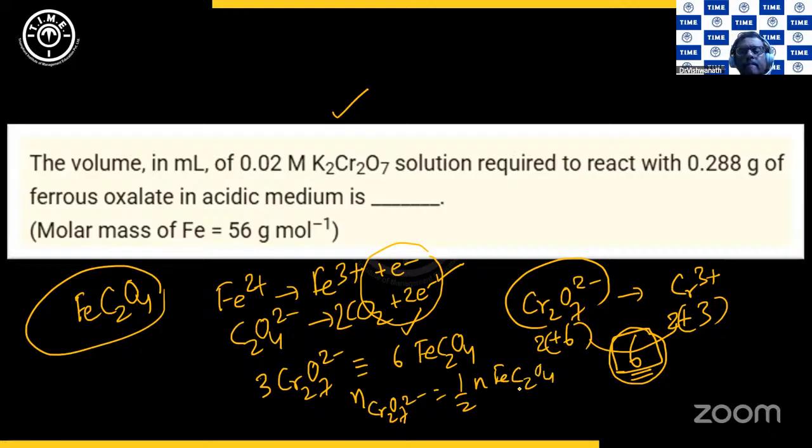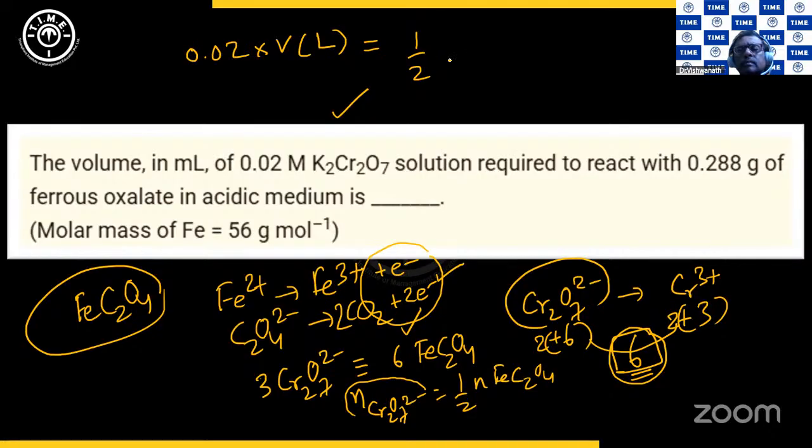Correct? Now, how do you get the number of moles of dichromate? Molarity into volume. Molarity is how much? 0.02 into volume. Volume, you should take it in liters, is equal to, this is the number of moles of dichromate, half the number of moles of ferrous oxalate.